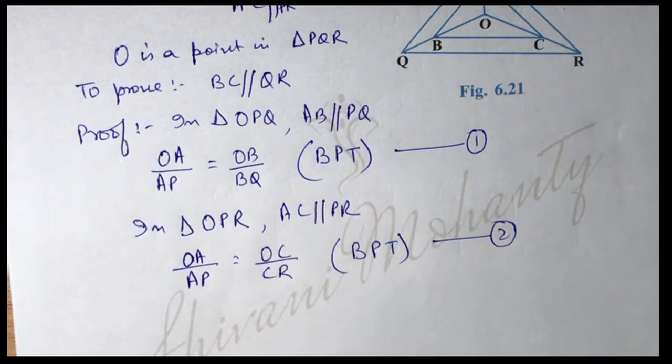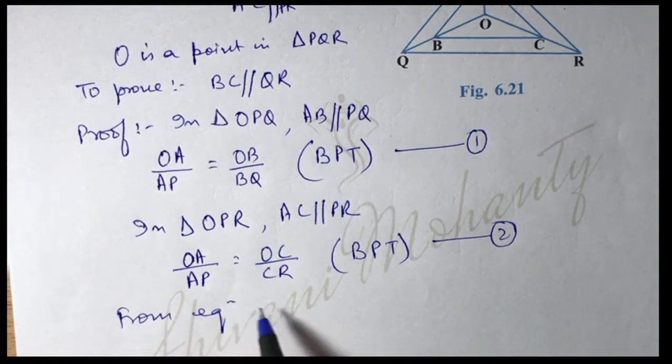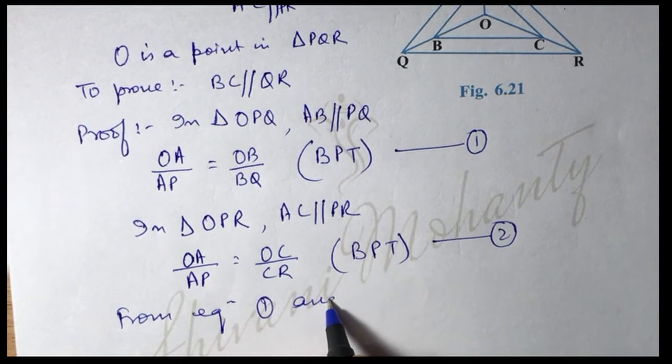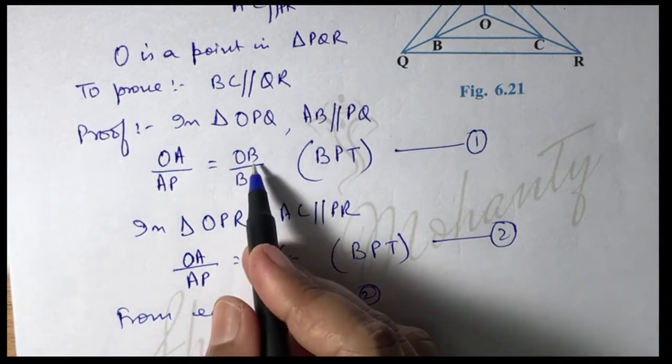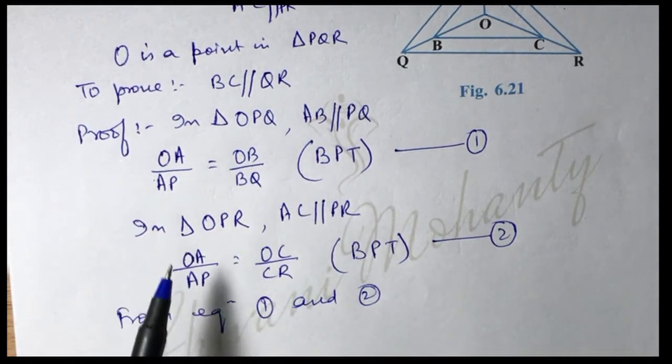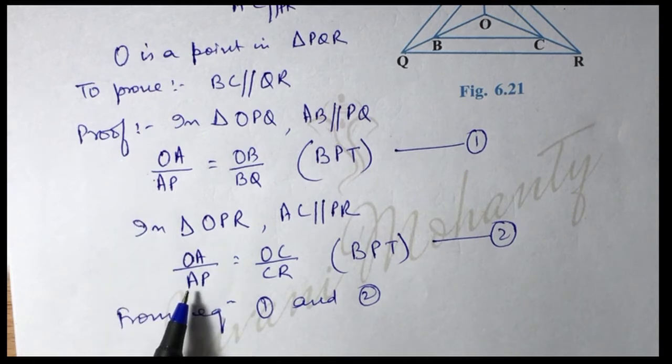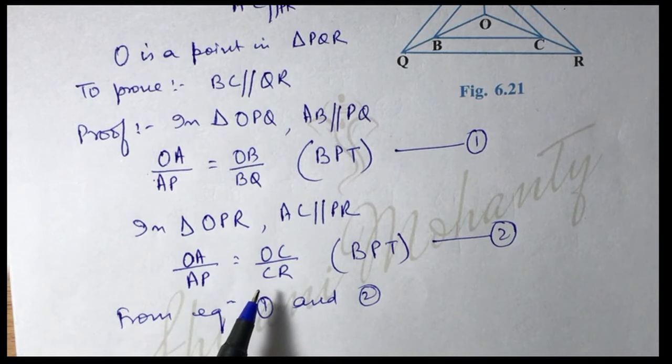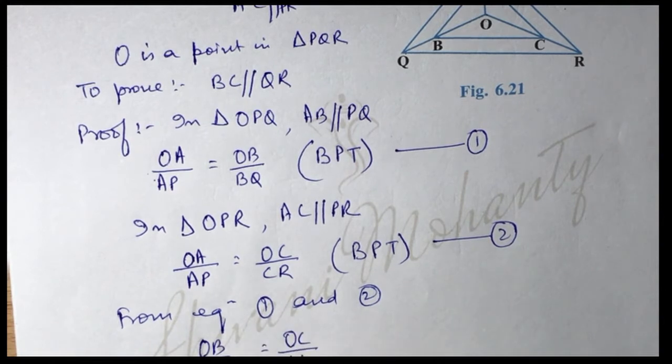So from equation 1 and 2, what can you get? See, the LHS on both sides is equal. If the LHS is equal, then the RHS will definitely be equal. So let us write OB by BQ is equal to OC by CR.